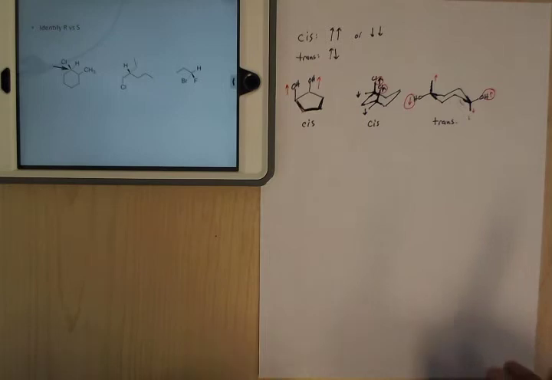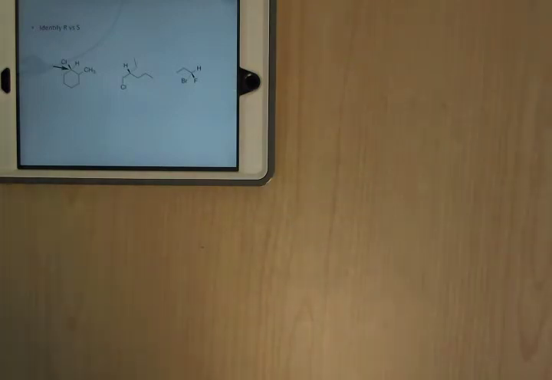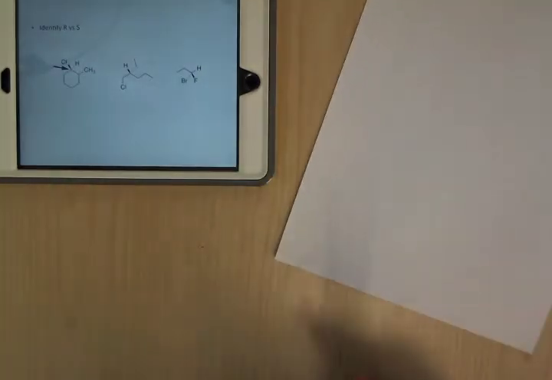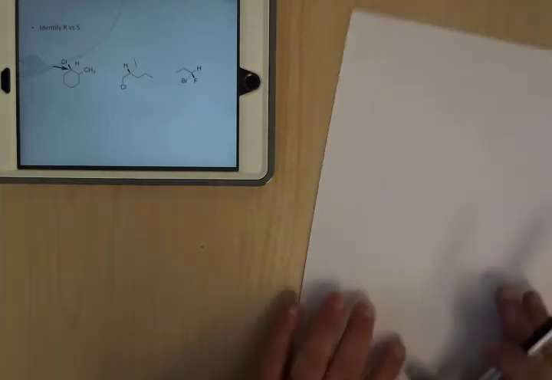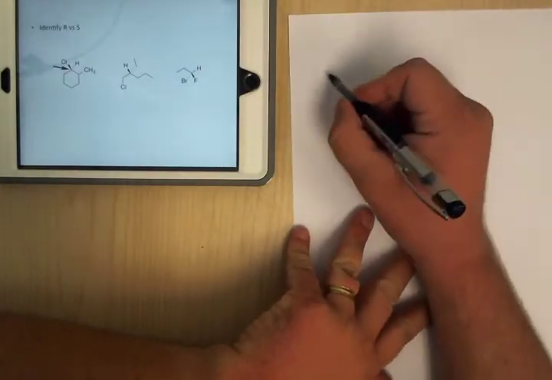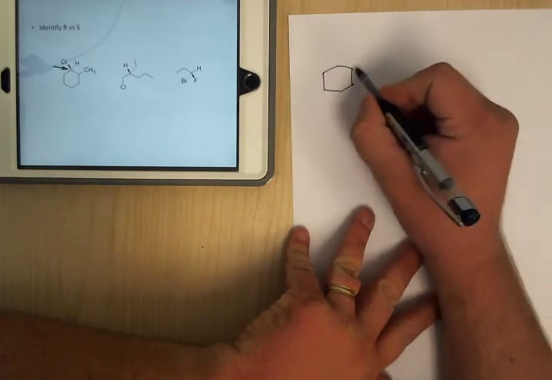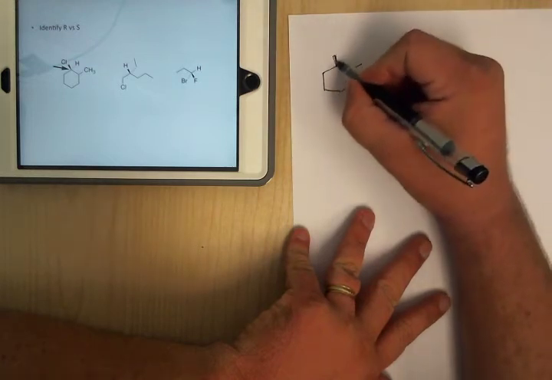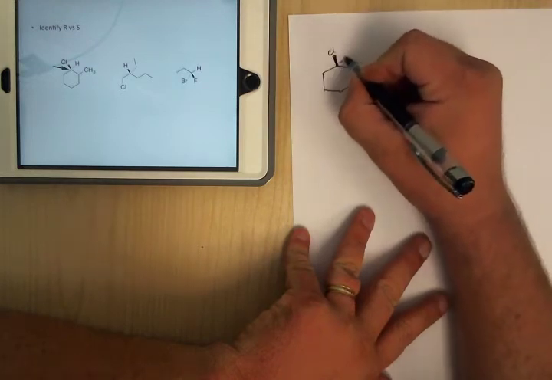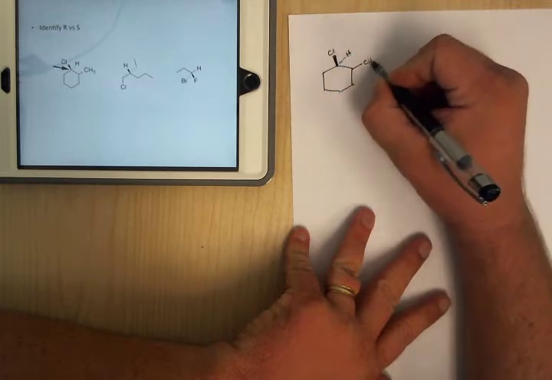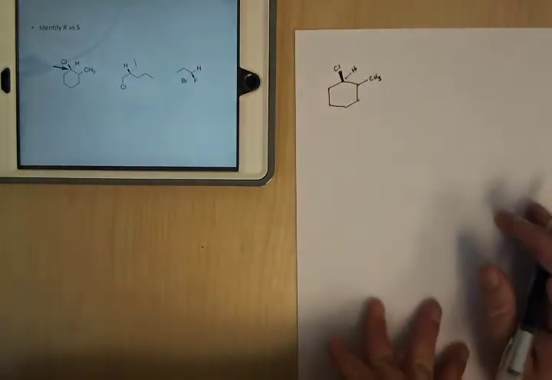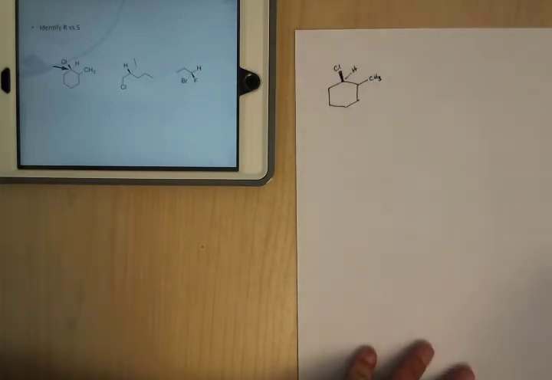Okay, identify R and S. So the first thing we have to do is look at that site there, at that chiral center.